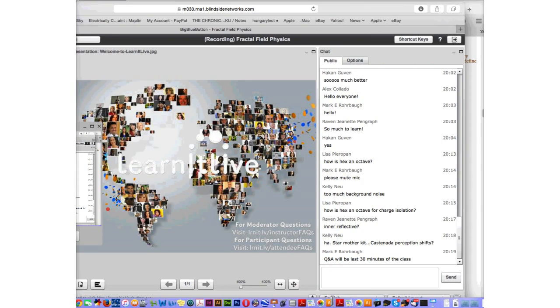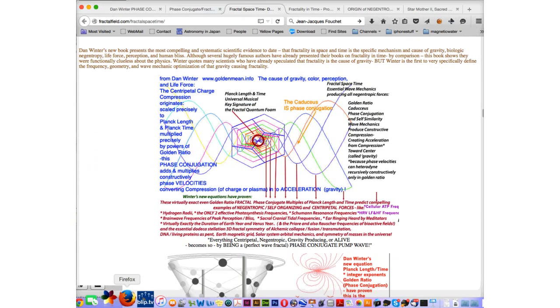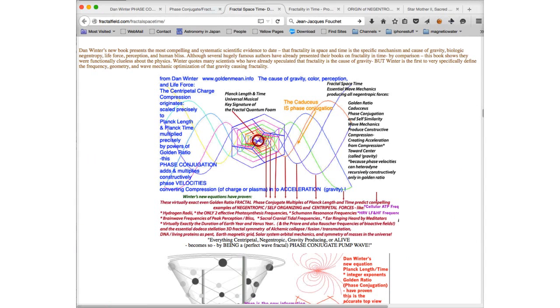So, in that book, the central thesis is my new equation, which now I'm grateful that Mark Rohrbaugh and friends are helping me with, and this is the picture that goes with the central equation in that book. So hopefully you're seeing the picture. You see the little red circle here.